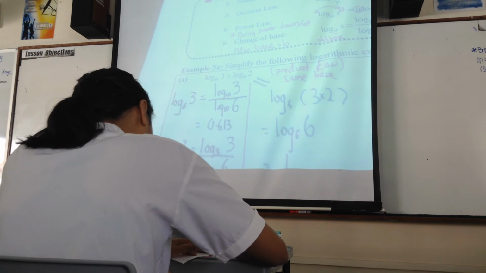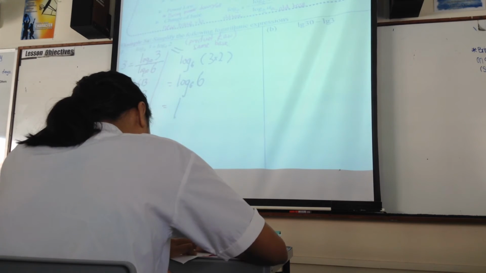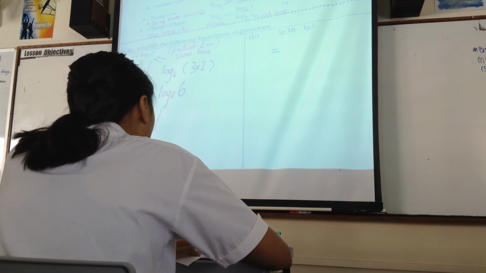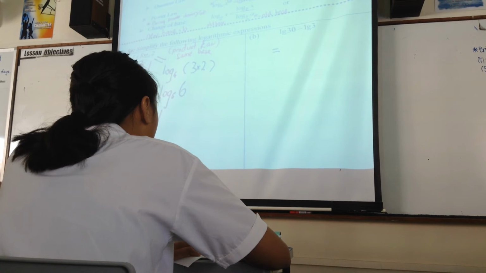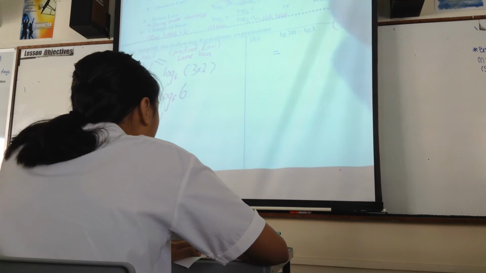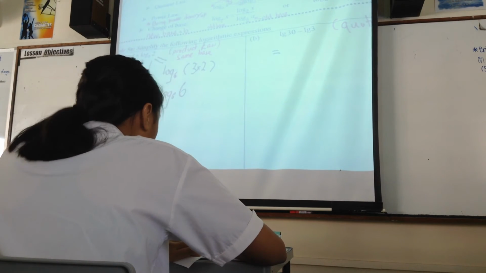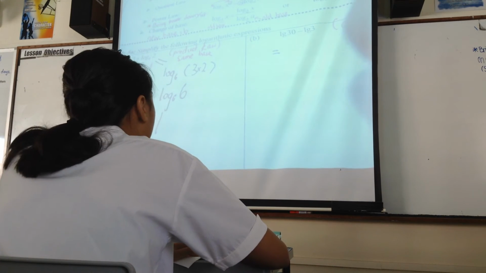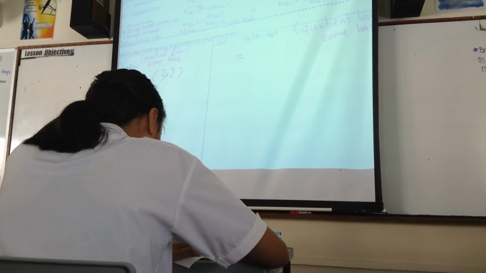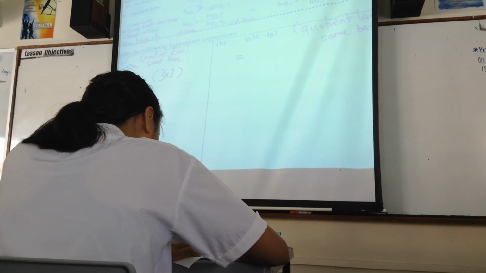Turn to the B. Okay, now, what about lg 30 minus lg 3? This is what law? Quotient. This is the quotient law. Now, what do you have to check? Same base. Now, I write this for a reason. You want to write down also as a start.